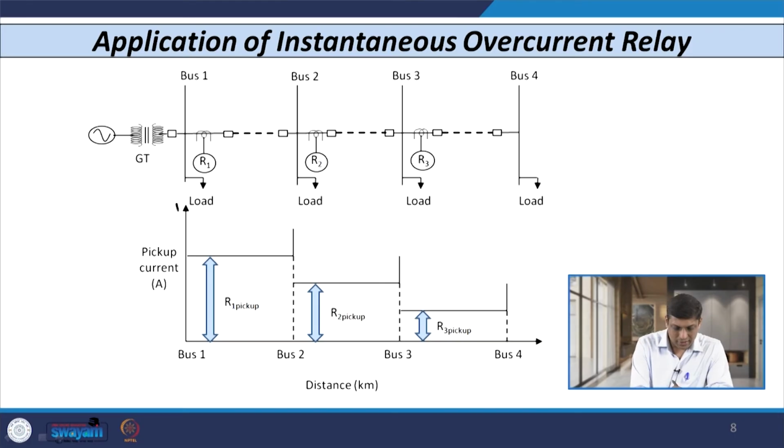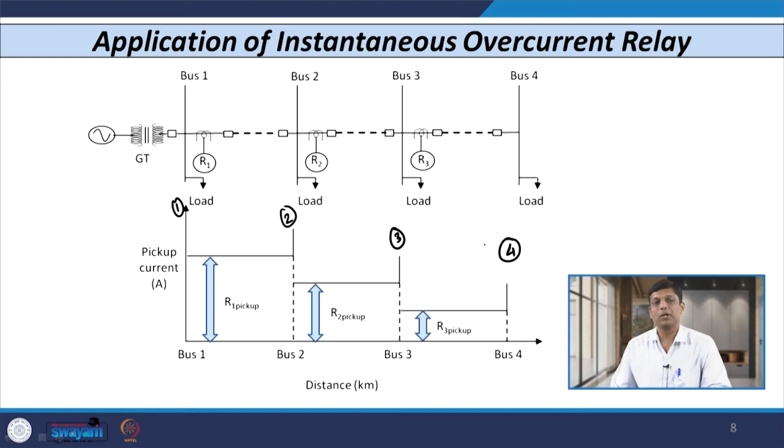So, this is your bus number 1, bus number 2, bus number 3 and bus number 4. The pickup of relay R1 is the highest, and the pickup of relay R3 is the lowest.